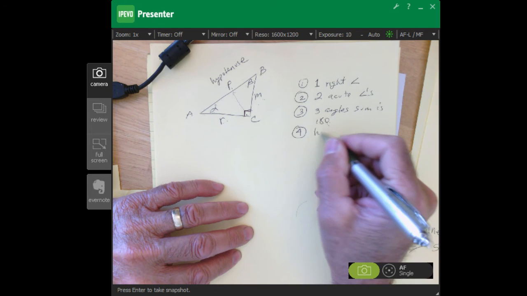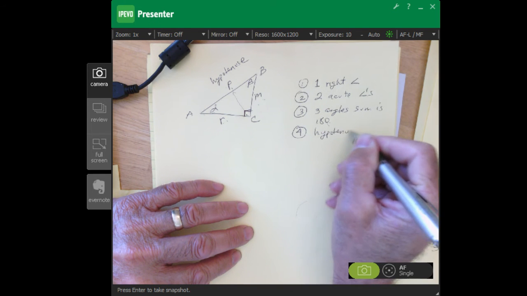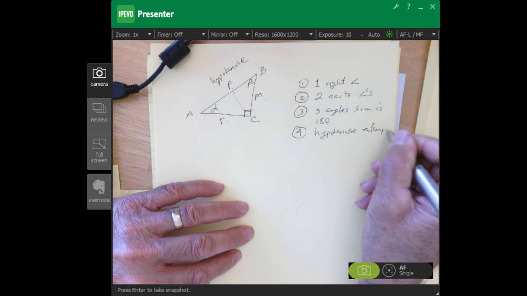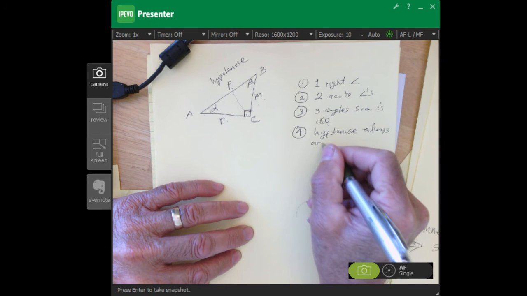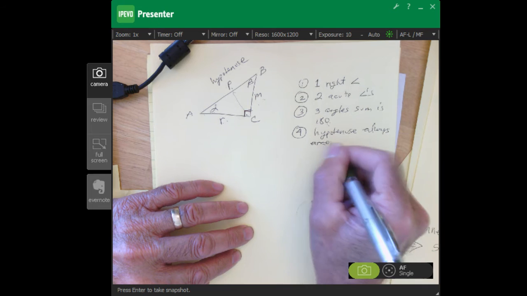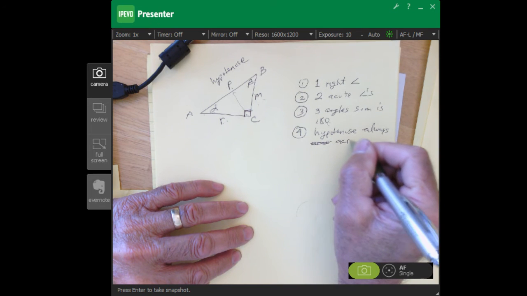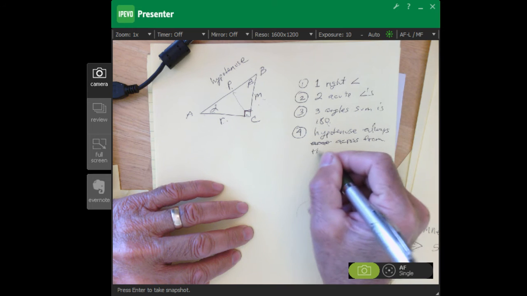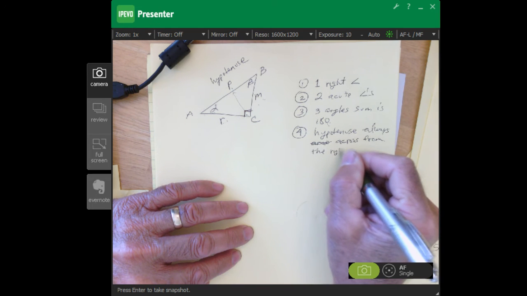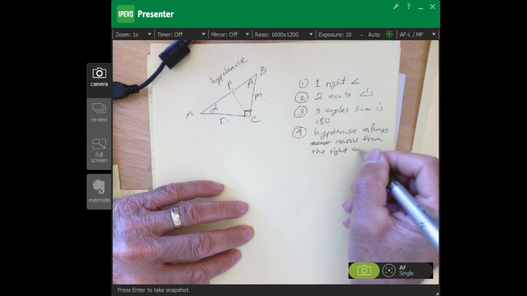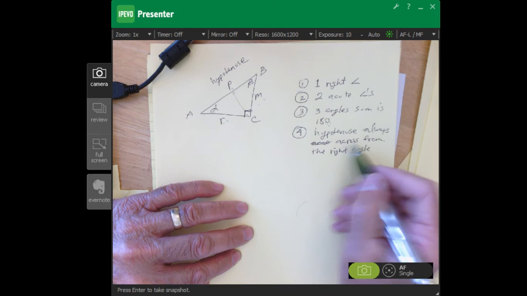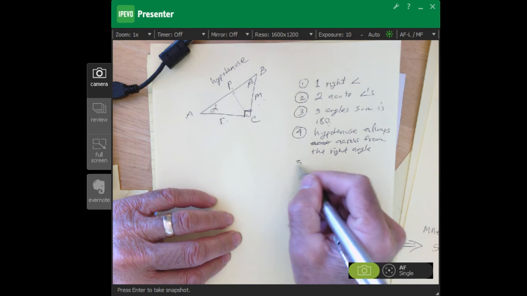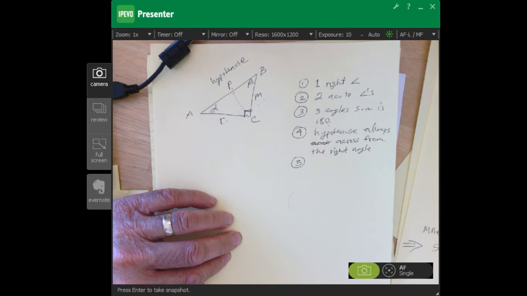So our hypotenuse is always across, oops, spelled it wrong, from the right angle. Okay, so across is just opposite, the same thing, right? Fifth thing to keep in mind.